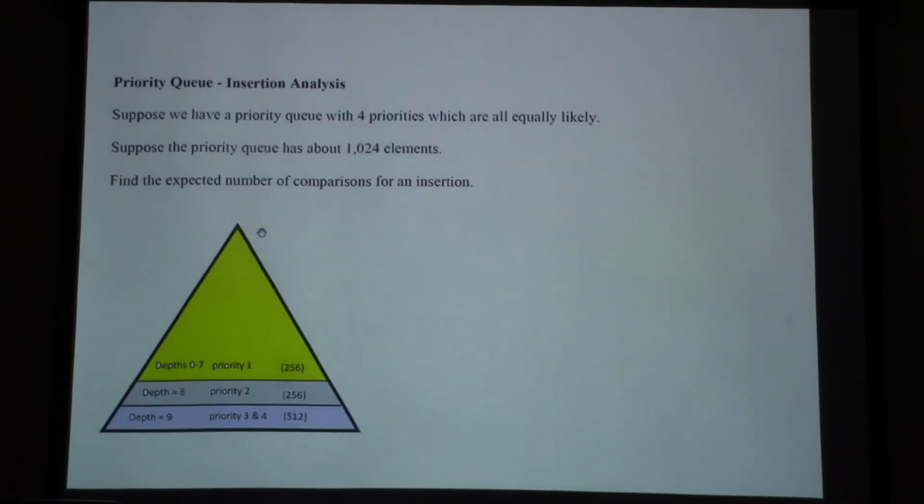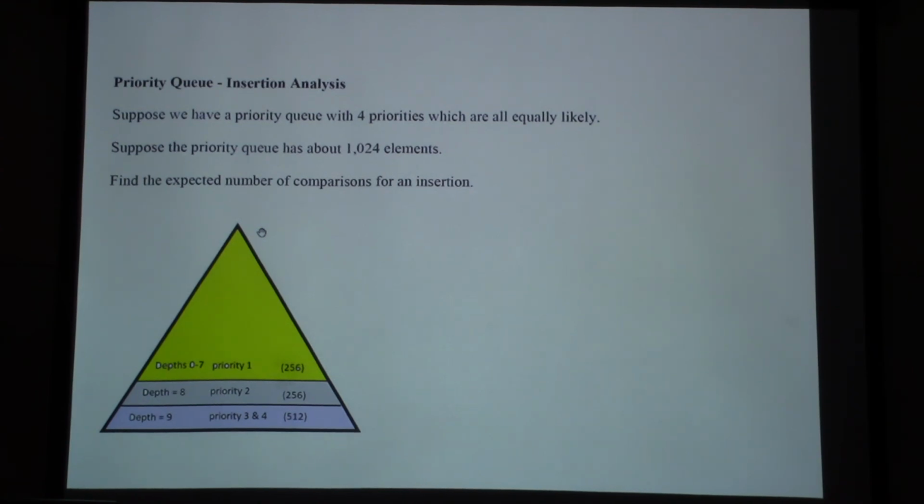Now, the next type of element that can come in is priority 2. Priority 2 will need a swap here, anywhere. So therefore, on average, we're not necessarily going to have all the max values at the bottom. It's not necessarily going to be that way, but it's going to be very close.